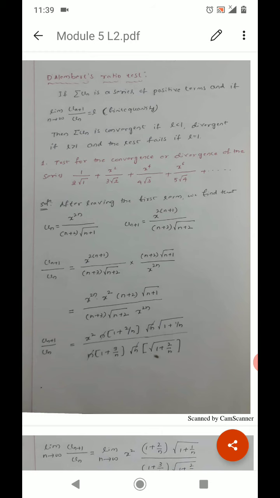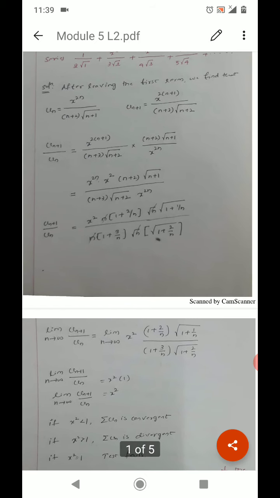In the denominator and numerator the similar terms get cancelled, and taking the limit as n tends to infinity, limit un plus 1 divided by un is equal to limit x square into 1 plus 2 by n into square root of 1 plus 1 by n divided by 1 plus 3 by n into square root of 1 plus 2 by n.